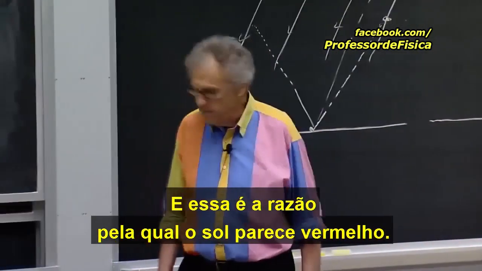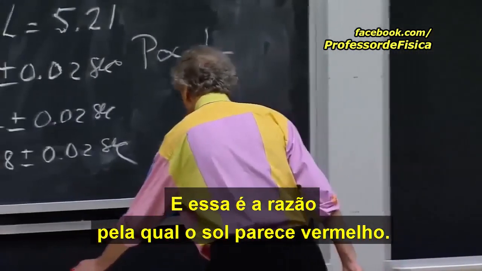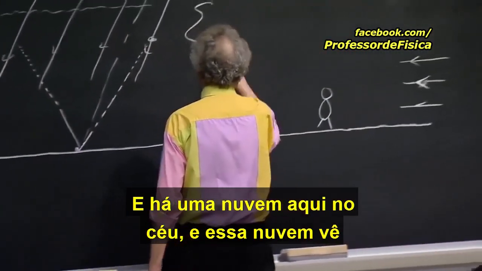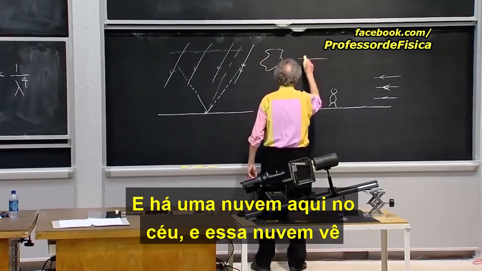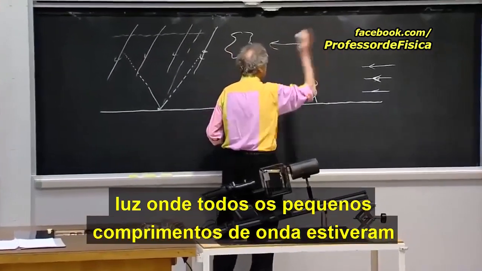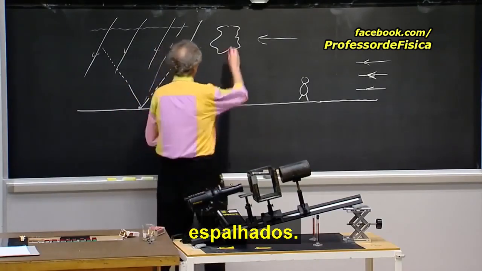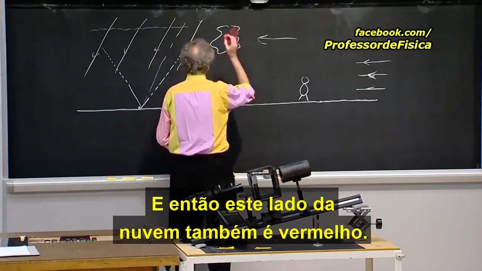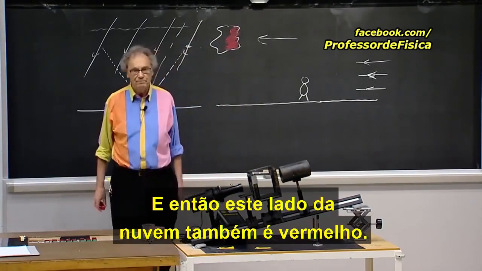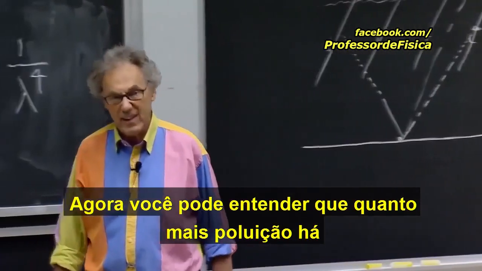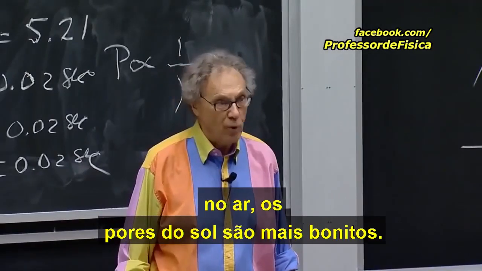And so that is the reason why the sun looks red, and there is a cloud here in the sky, and that cloud sees light where all the small wavelengths have been scattered out, and so this side of the cloud is also red. You can now understand that the more pollution there is in the air, the more beautiful sunsets are.